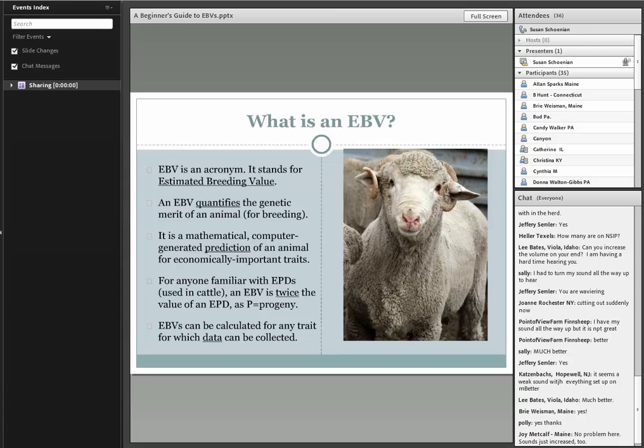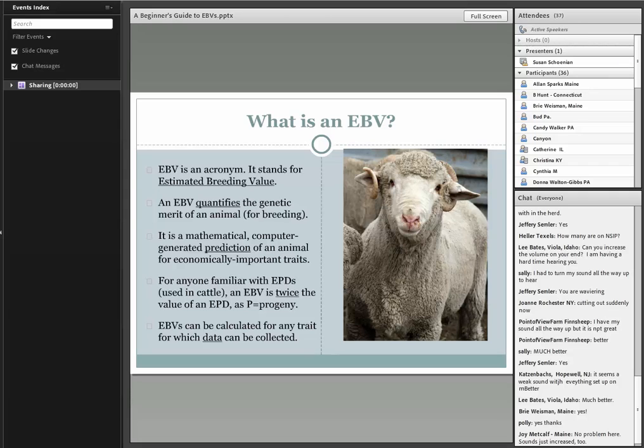Anyone familiar with EPDs, which stands for expected progeny difference, those are what's used in beef cattle. An EBV is simply twice the value of an EPD because with an EPD we're talking about the progeny, whereas with an EBV we're talking about the parent. We can calculate an EBV, we meaning the computer program, for any trait for which we can collect data, for which we can quantify.